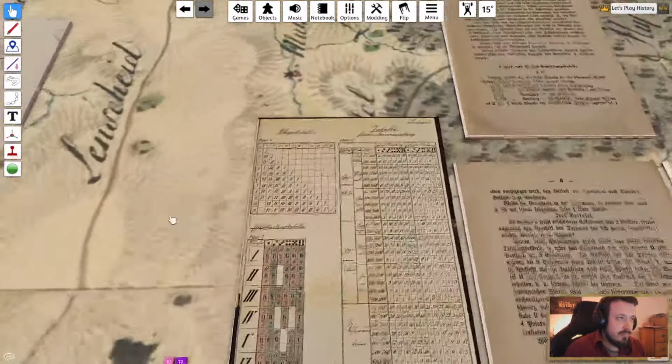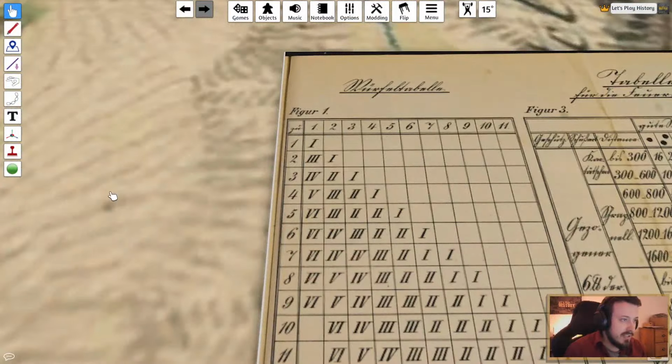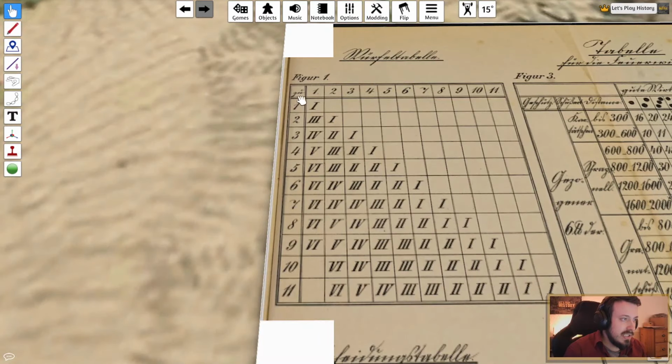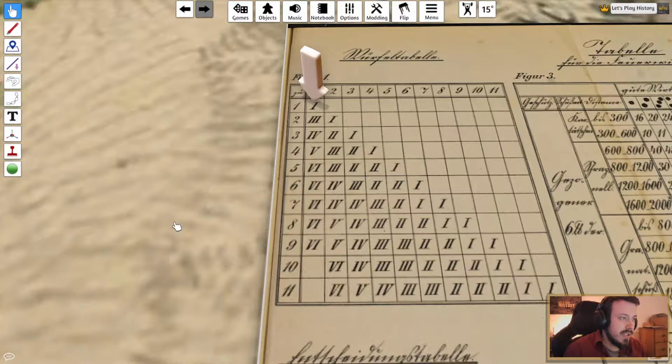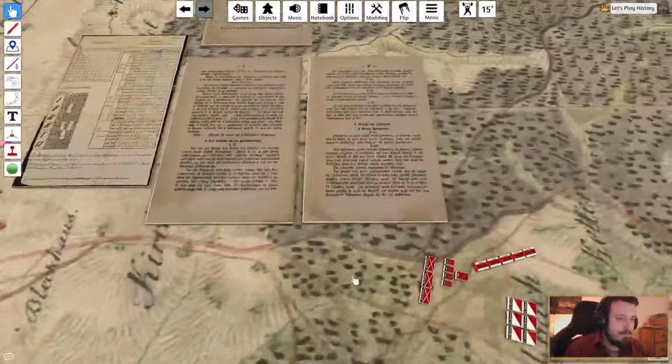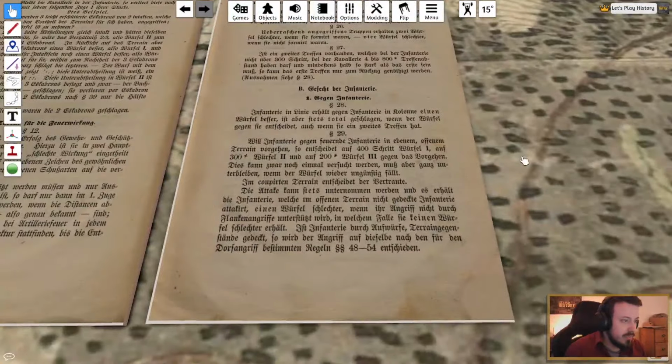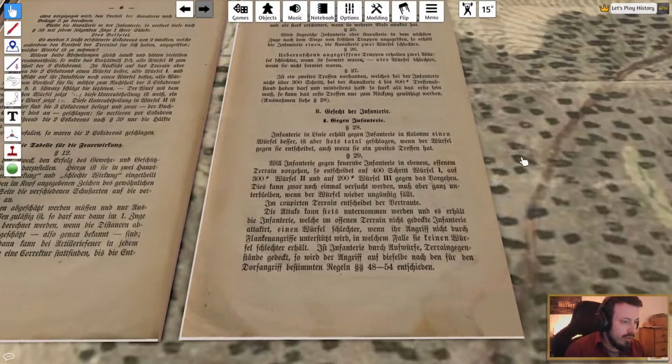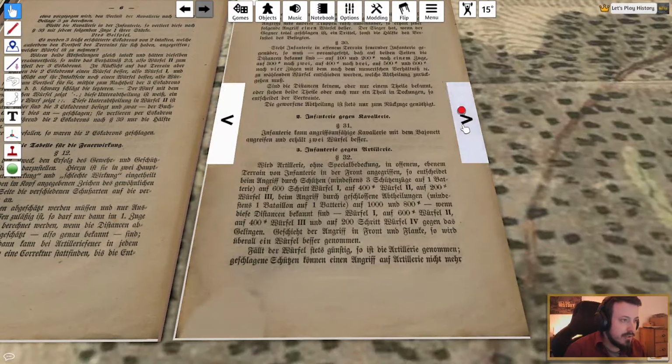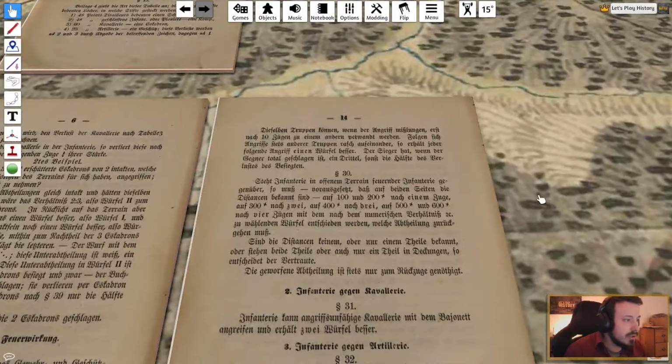Now we take a look at the ratio table, and we can see a ratio of 1 to 1 means we roll die number 1. Is there a special rule for them to get an additional modification? I don't think so.